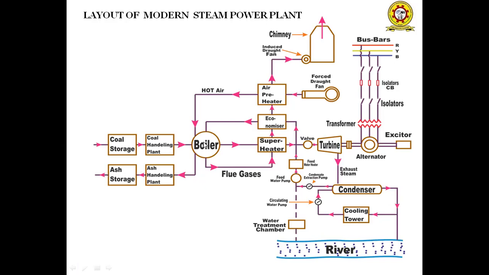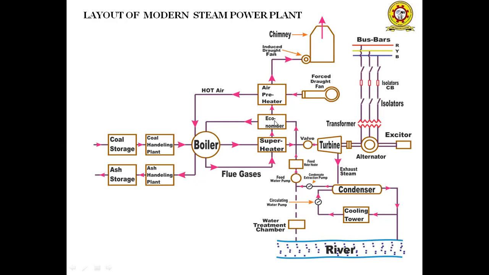So from the boiler, the hot gases are released, that is, the flue gases are released. The flue gases are again recycled to the superheater for increasing the temperature of the steam which is coming from the boiler. So from the superheater, some of the steam enters into the turbine, and some of the steam enters into the economizer.